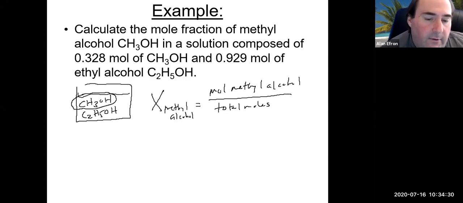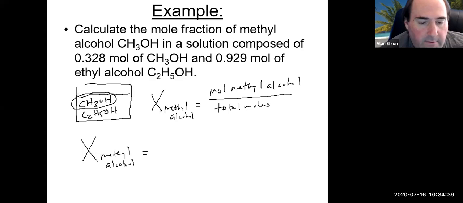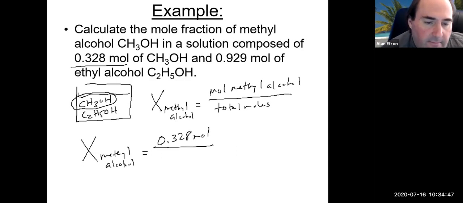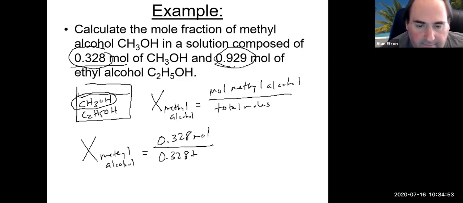So again, here we're not going to multiply by 100 and make it a percentage. So the mole fraction of our methyl alcohol would equal the moles of our methyl alcohol, which is right here, 0.328 moles, divided by our total moles, which would be our methyl alcohol plus the moles of our ethanol, which is 0.929 moles.